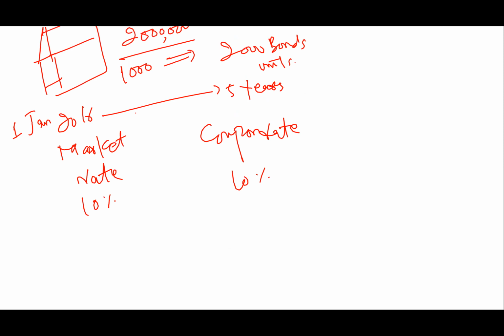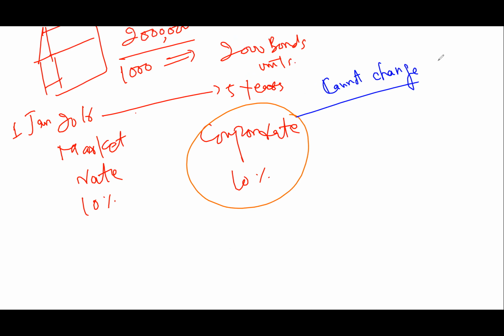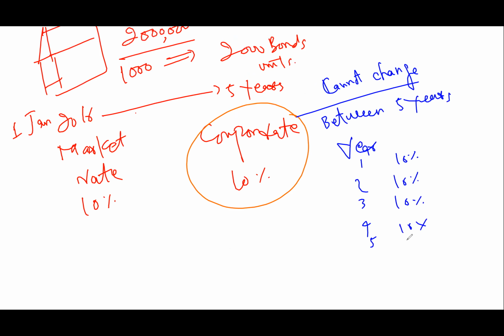Now, the company cannot change this interest rate between 5 years. So it means 1, 2, 3, 4, 5, the company will pay 10%, 10%, 10%, 10%, 10%.